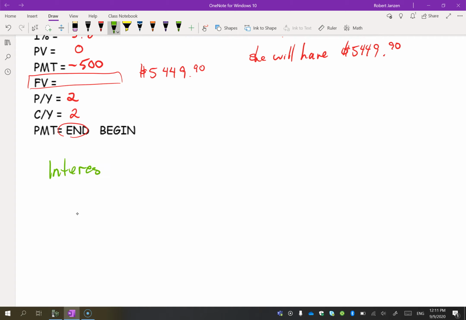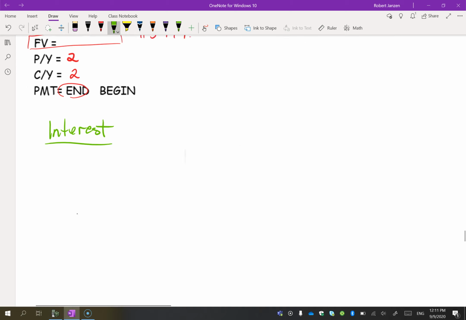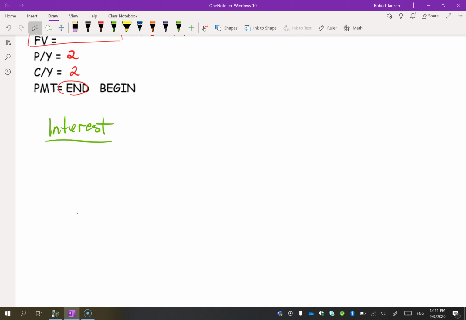Then it says how much of this money will be earned in interest. Okay, now there's 2 ways to do this again. To find interest, we can take the total amount, the final value, and subtract how much she has invested. So this is going to be $5,449.90. Take away, how much has she put in?